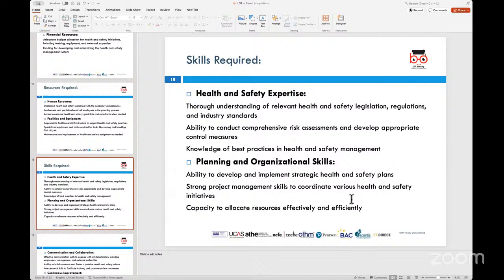The person who's responsible for it has that knowledge and skills to be able to manage these in that workplace. Then there could be things like regulatory knowledge. The person has understanding of the laws and legislation required in that location or in that position.